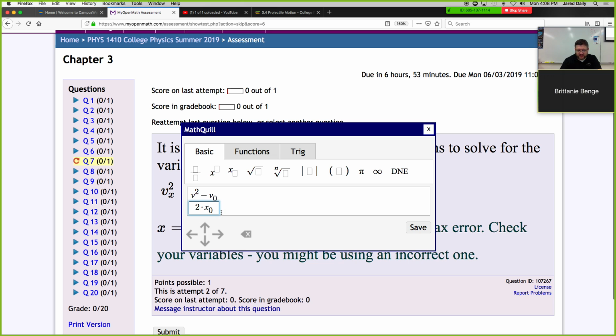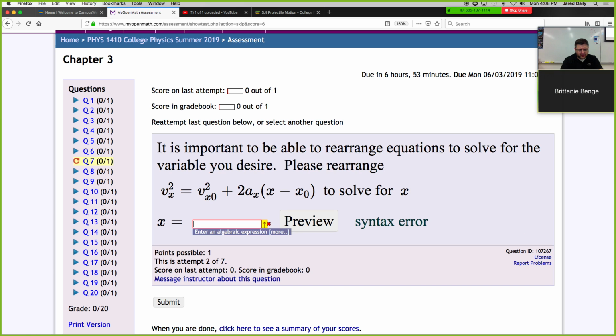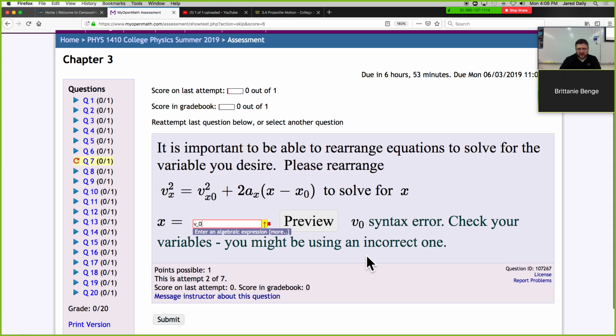I don't know what's going on with this. I have to check the code of this problem. There's something else going on. This is a syntax error no matter what I do. Let's just do this. Yeah, that's ridiculous. There's a problem with this.